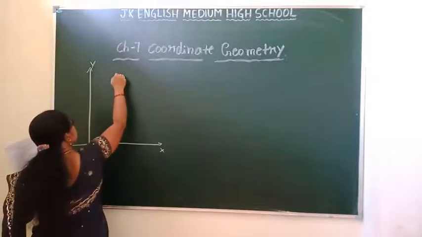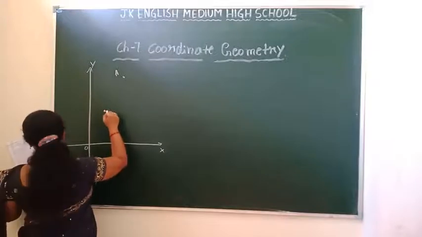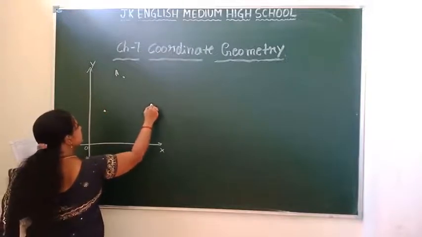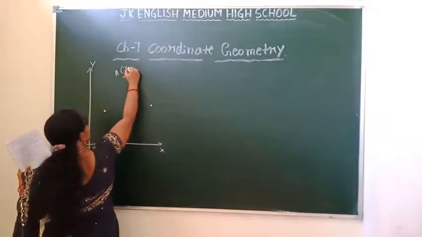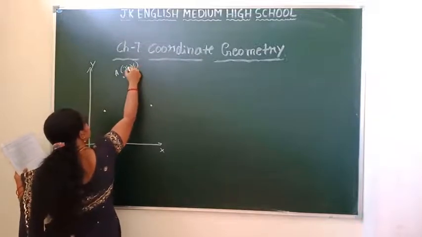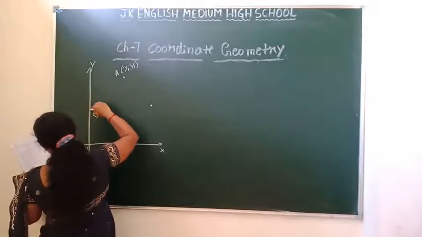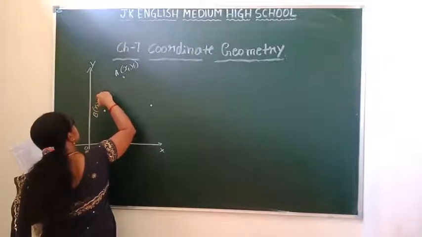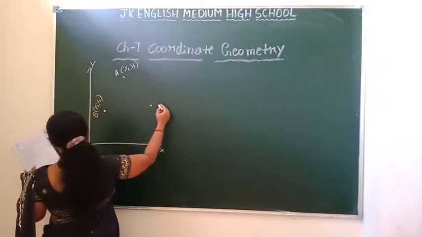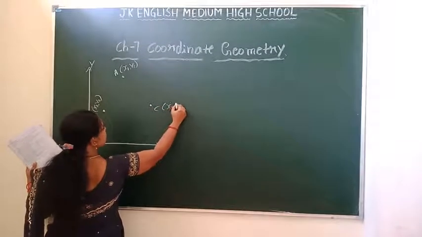We will denote it by A, this is B, and this is point C. Coordinates of point A are x1, y1. Let the coordinates of B be x2, y2, then let the coordinates of C be x3, y3.